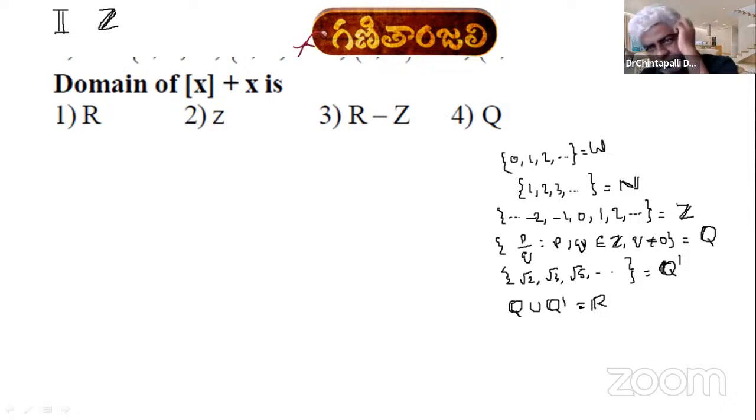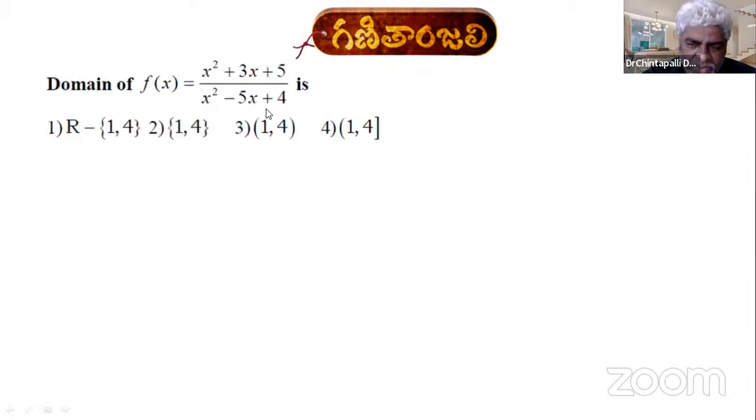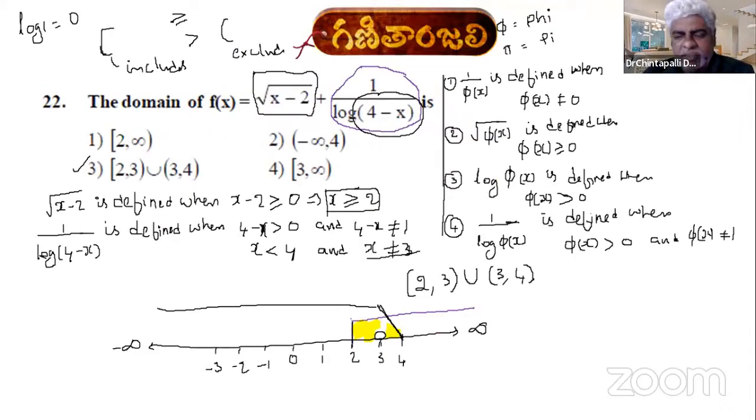Got it? Now see, domain of x means there is no restriction. If we observe those 4 formulae, the first formula is used when the denominator has a variable. The second formula is used when there are variables under a square root. The third formula is used when the variables are in a log. The fourth formula is there when the denominator contains a log function.